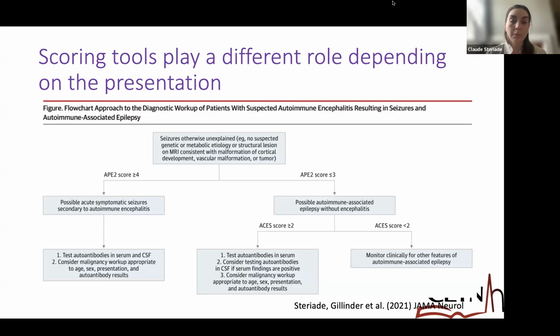They get serum and CSF antibodies, malignancy workup as appropriate, and they probably have an autoimmune encephalitis. But if their APE2 score doesn't reach the threshold, but something doesn't feel right, then do the ACES score. If it's 2 or more, then do the workup. And here we recommended doing serum for sure and considering CSF depending on the clinical situation.